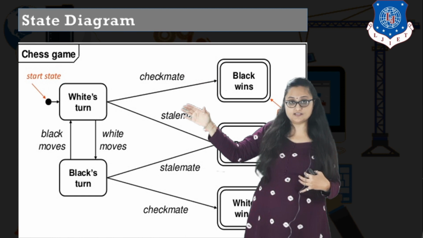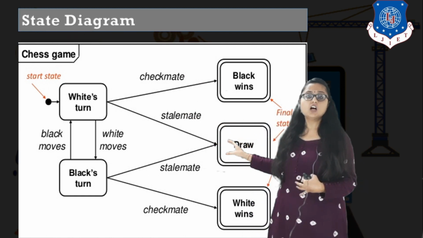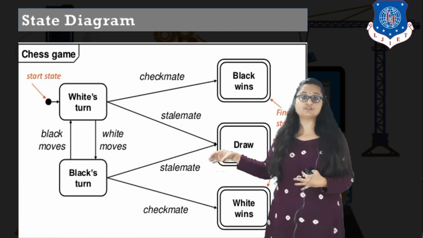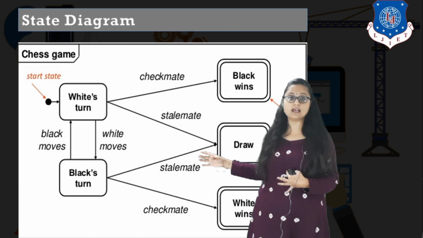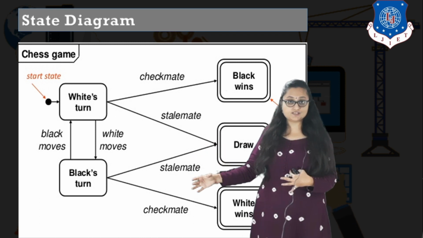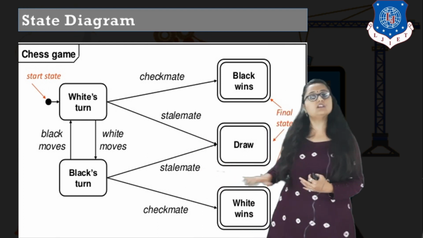If there is a white's turn and if there is stalemate, then the state in which you are jumping is draw. Similarly, if it is black's turn state and if you are having stalemate, again you are having a draw state. And if it is black's turn and there is a checkmate, then it means white is winning, right?